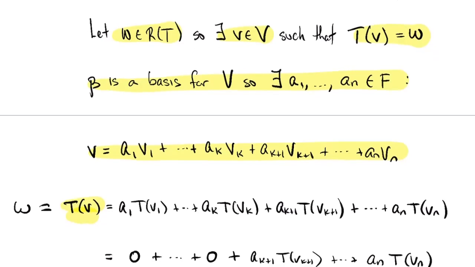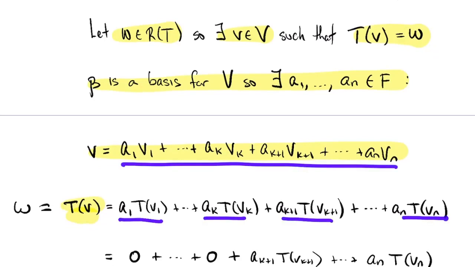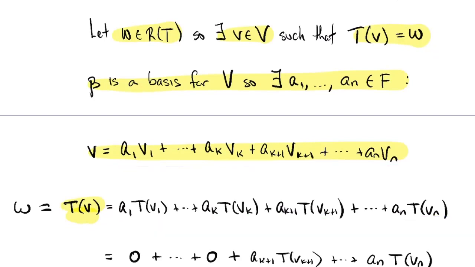So I take T of v, and then I'm just pushing T through by linearity, right? If v is equal to this sum, T of v is the sum of the same things. The scalars come out, applying T to each vector. But for the first k vectors in this sum, T of those things is 0 because the front half of this basis was a basis for the null space, right?